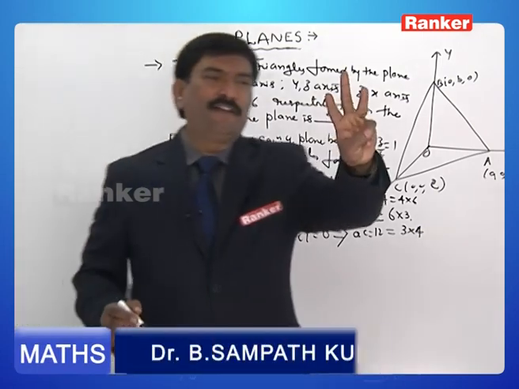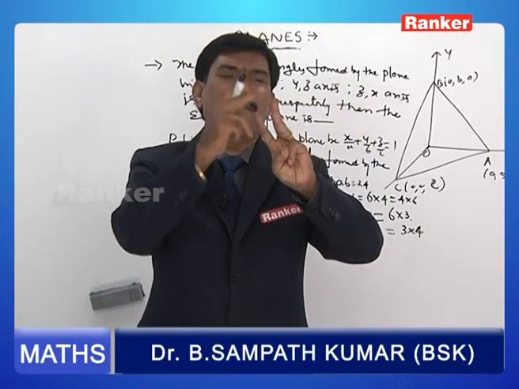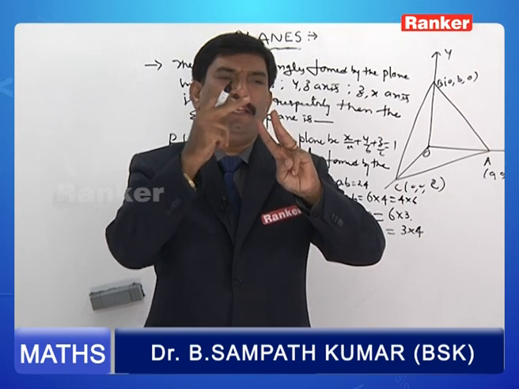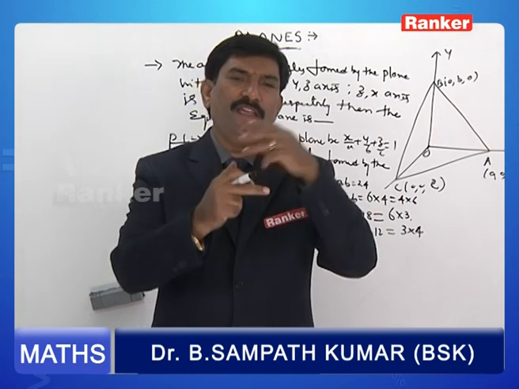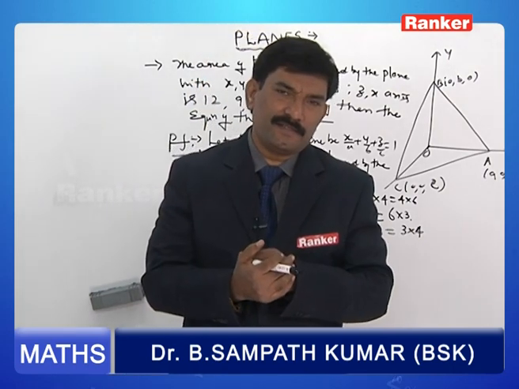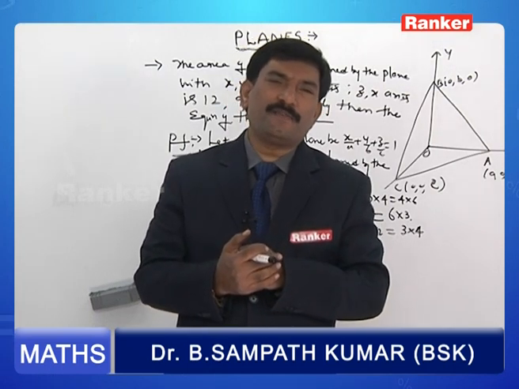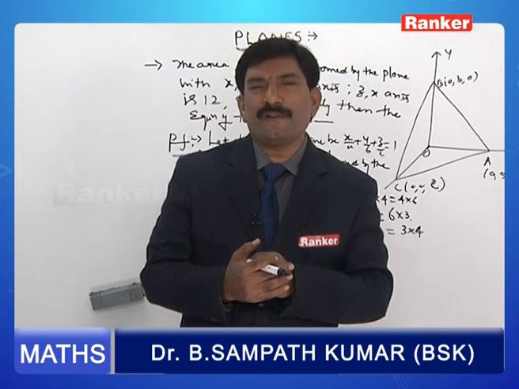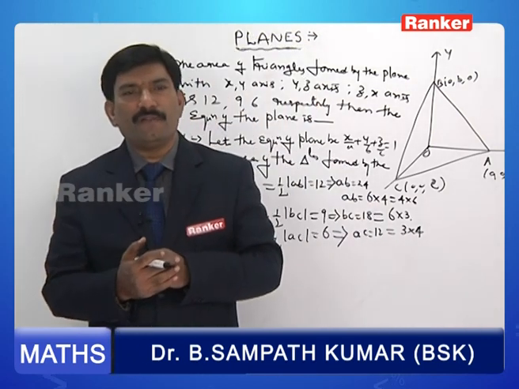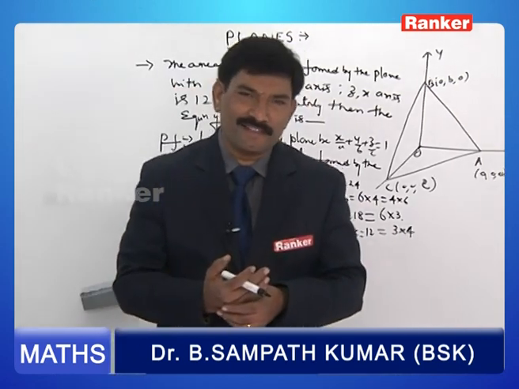Yes, cyclic order ABC, BCA, CAB, correct? Among ABC, A is a friend of B, B is a friend of C. It is quite obvious C is also a friend of A, correct or not?